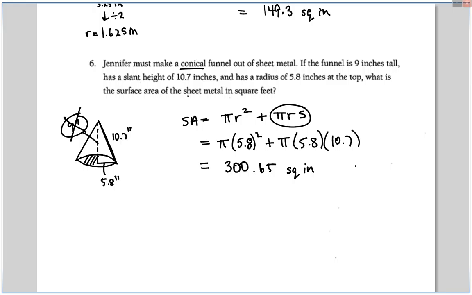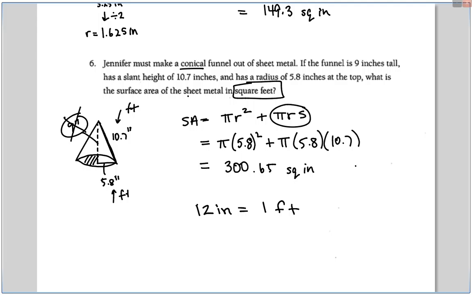And now that I'm looking at the question, they're asking for it in square feet. So what I should have done is convert these to feet first, and then do my calculation, and then we'll calculate it into square feet. What you can do though is do a conversion like this. We know that 12 inches is 1 foot.